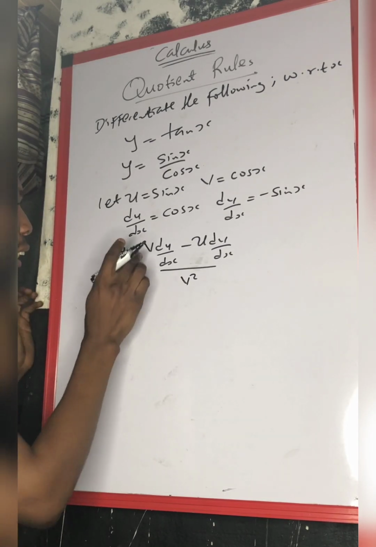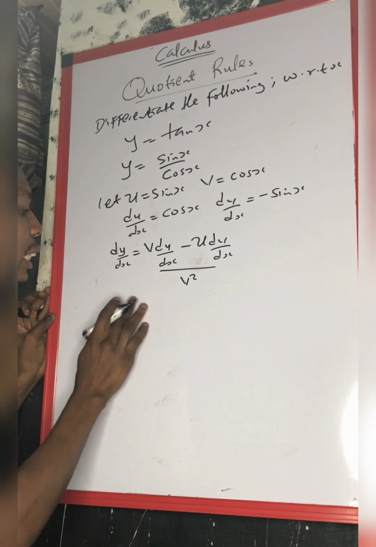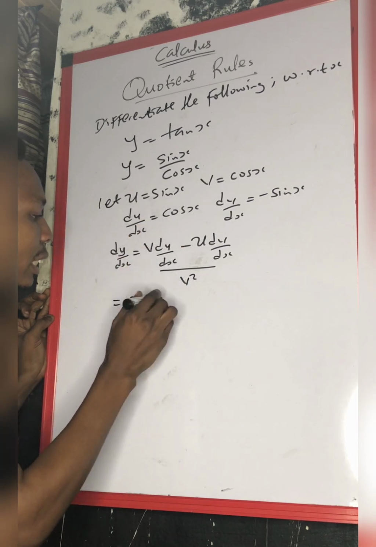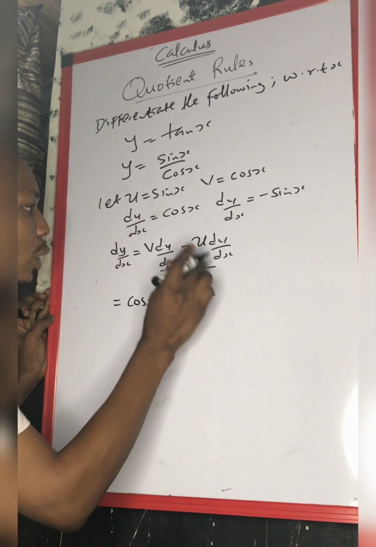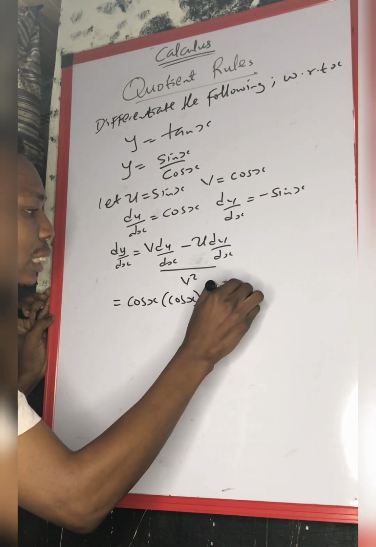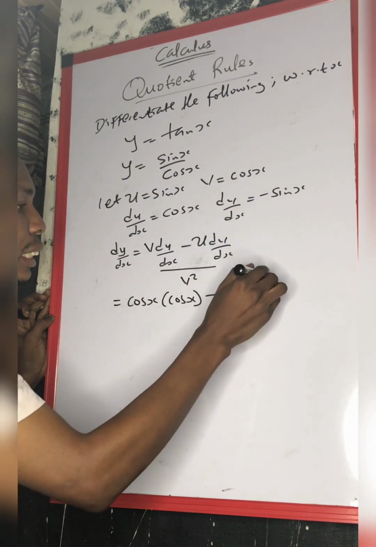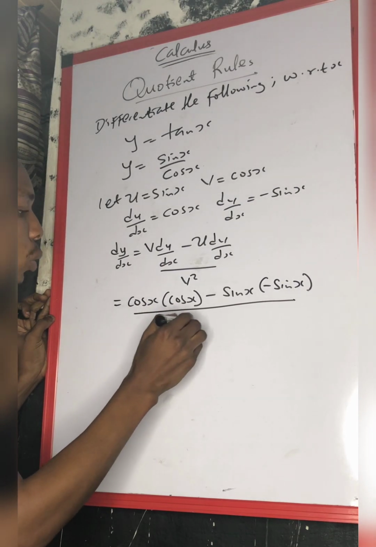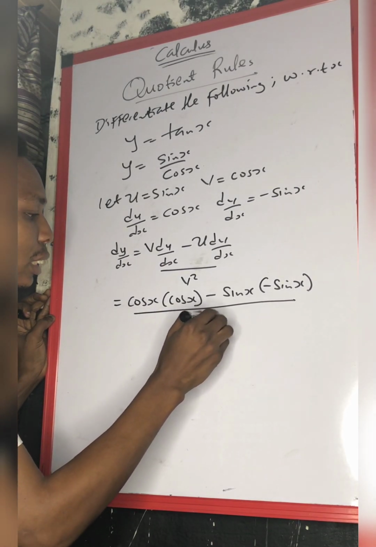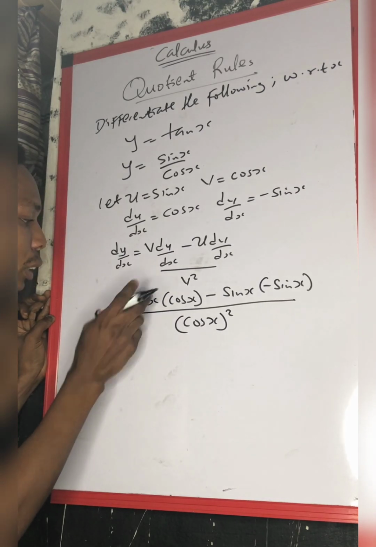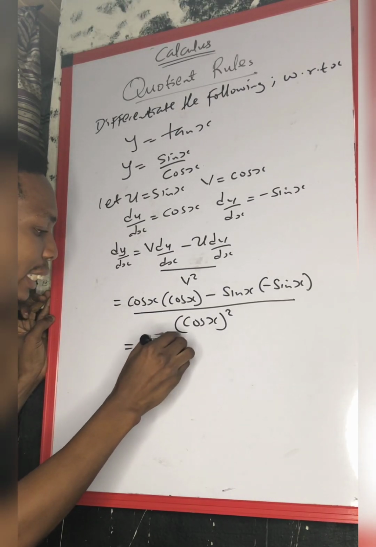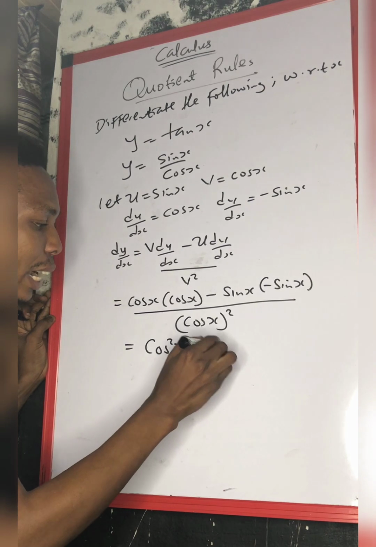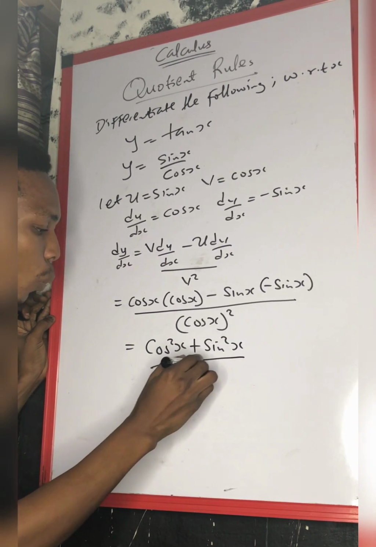This time around, our v is cos x, du/dx is cos x, minus our u, which is sine x, then dv/dx is minus sine x, then all over our v squared, which is cos squared x. So cos x times cos x is cos squared x, then minus sine x times minus sine x gives plus sine squared x, all over cos squared x.